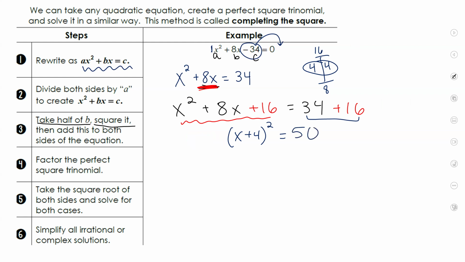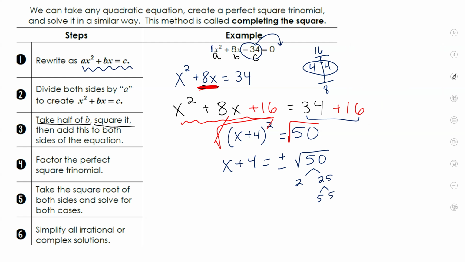There we go. Now you just do the square root method. So take the square root of this side, take the square root of this side, and it cancels out. I'm left with x plus 4 equals plus or minus the square root of 50, which we're going to simplify. 50 can be written as 2 times 25, and 25 is 5 and 5.